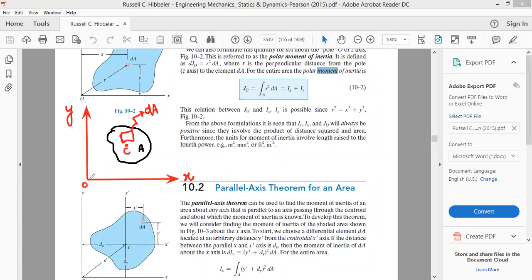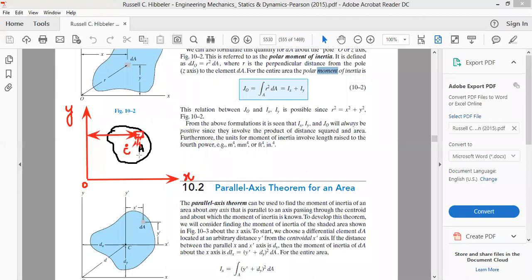Let's suppose this is our origin. If we are asked to calculate the moment of inertia about this x-axis or about the y-axis, we simply take a small area element and draw the distances of the small area element from the x and y axes.